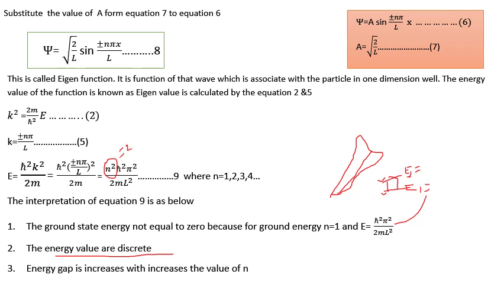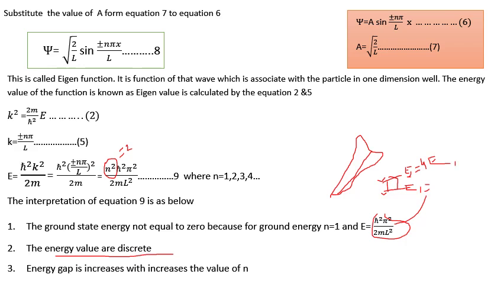So the second energy level has energy 4 h cut square pi square upon 2 m l square, and this part is always constant, only the value of n changes. So we can say that this E2 value is 4 times the E1 value.